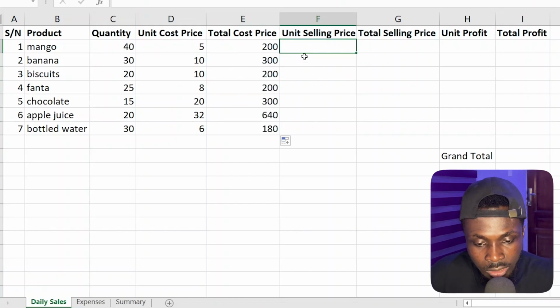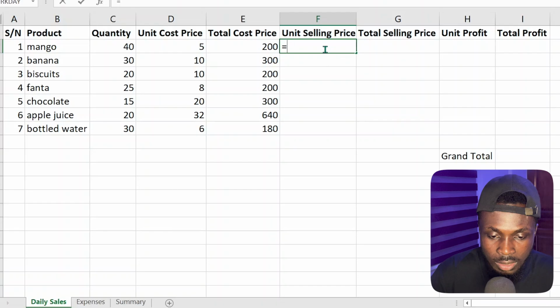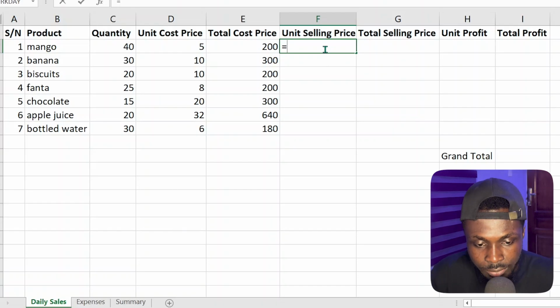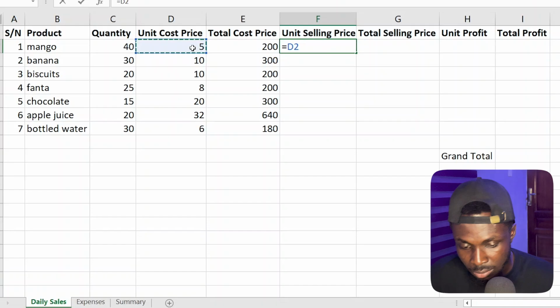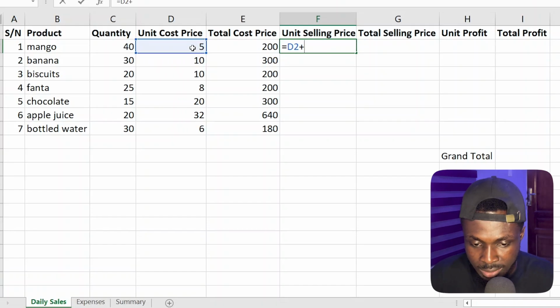And then we have the unit selling price. With the unit selling price, we would want to increase each unit cost price by 5%. Okay, so I'll enter equal to, and then I'll select this and say plus, and then I'll open a parenthesis.